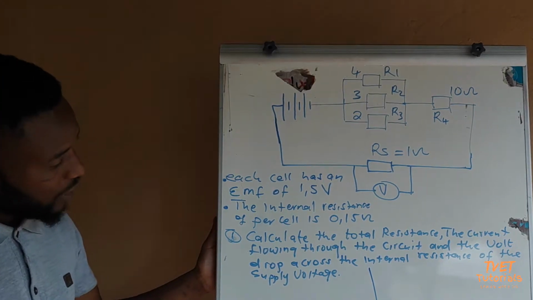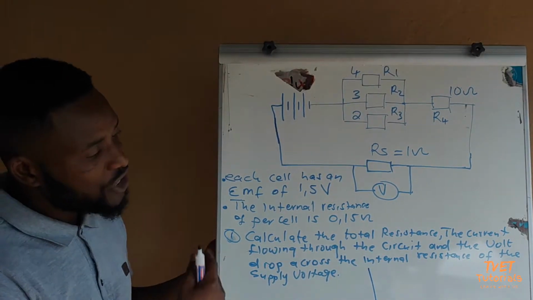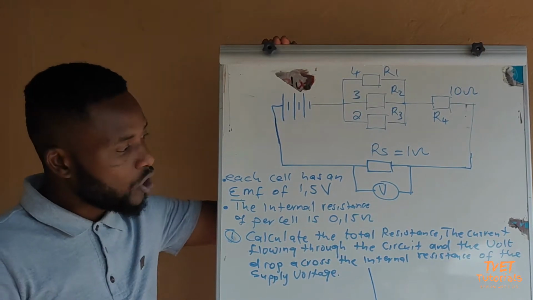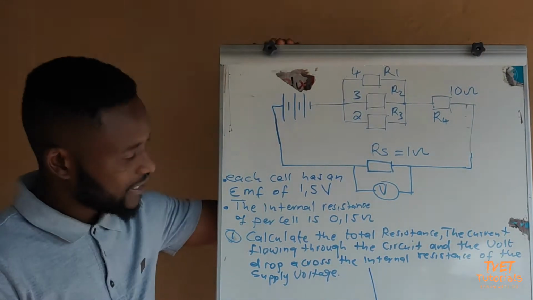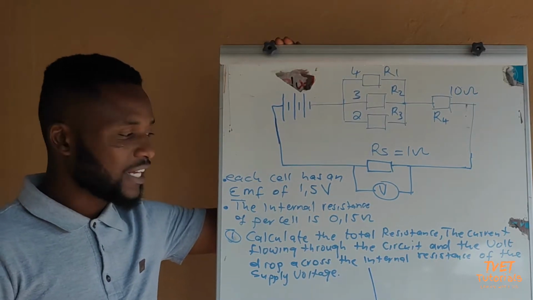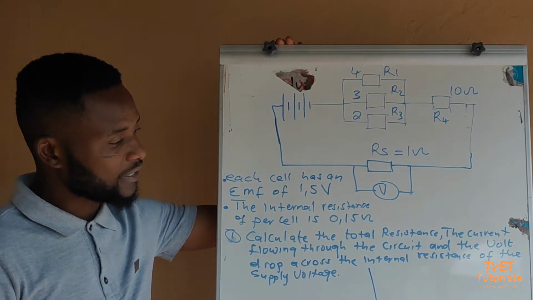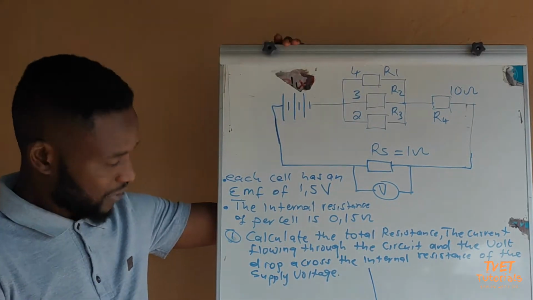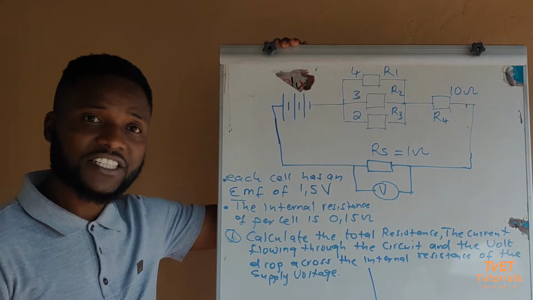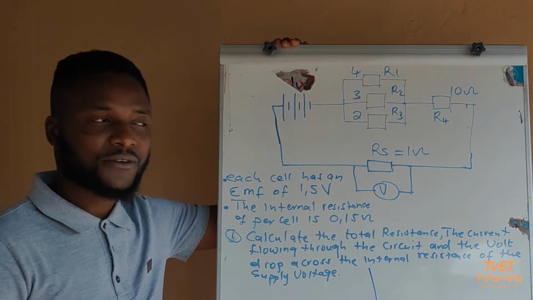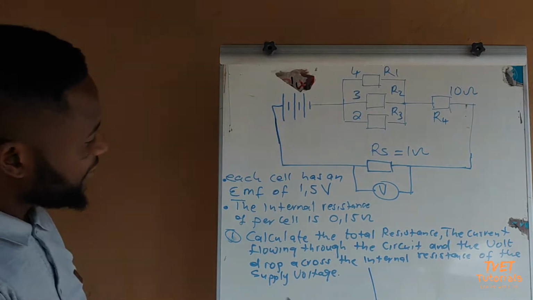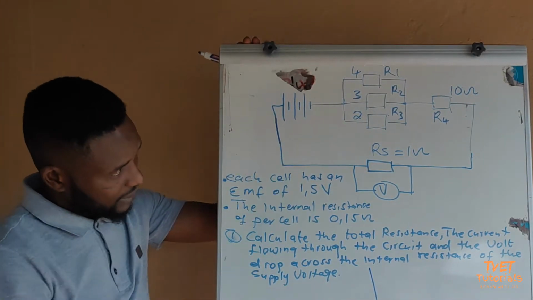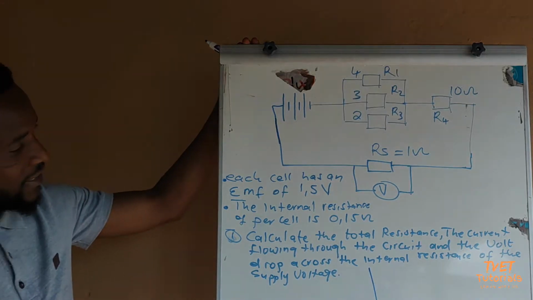We are asked to calculate the total resistance of the circuit. We are also asked to calculate the current flowing through the circuit, that is the total current. And we are asked to calculate the voltage drop across the internal resistance. We have this information here; we don't have it in the circuit.